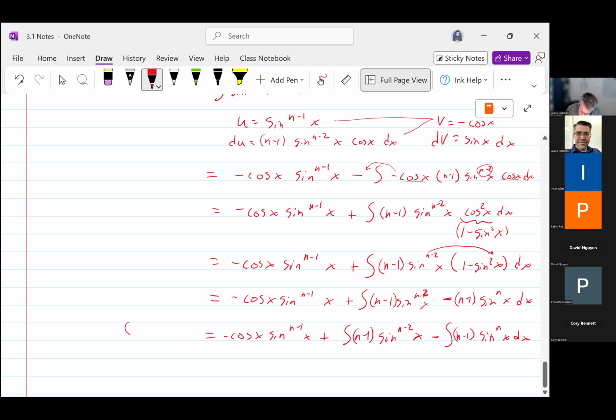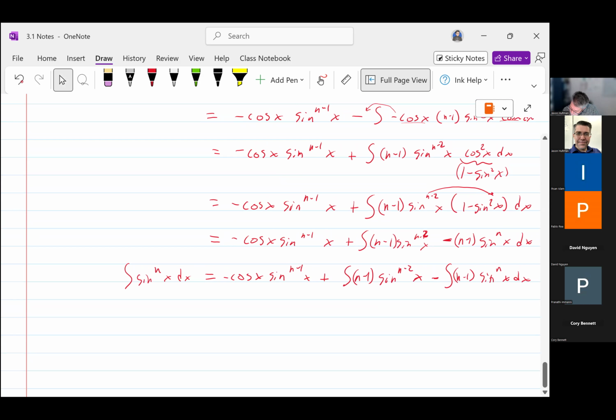And this is equal to the integral of sine to the n x dx. And we're going to use that trick where we take this term and add it to both sides, since we get the same power of sine on both sides.